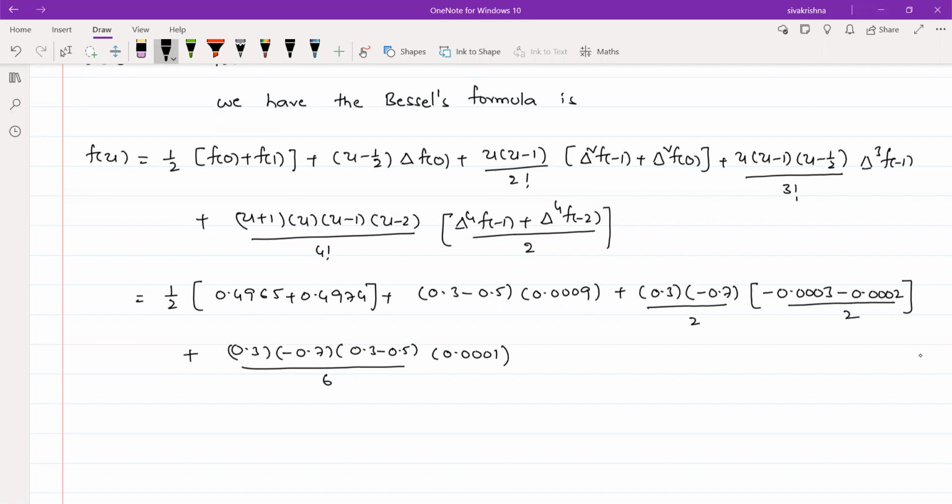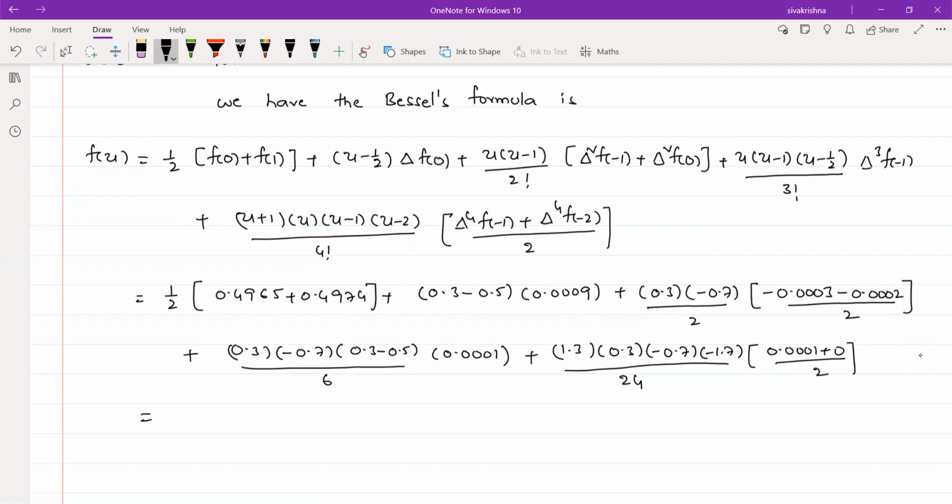After that we write u plus 1, so 1.3 into u is 0.3, u minus 1 is minus 0.7, u minus 2 is minus 1.7, by 4 factorial, which is 24, into delta power 4, that is 0.0001, plus 0, by 2. So I have substituted all the values in the formula.